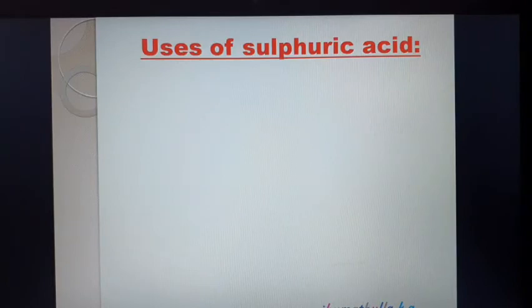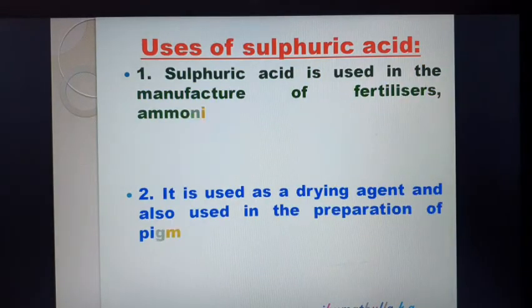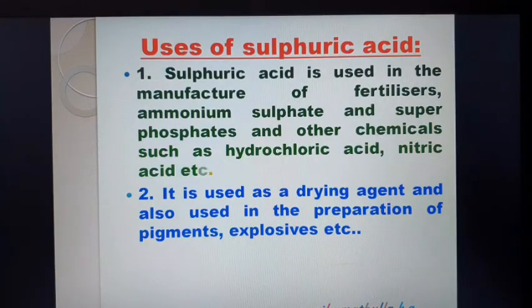First, sulfuric acid is used in the manufacture of fertilizers, ammonium sulfate (NH4)2SO4 and superphosphate, containing a high percentage of phosphorus, and other chemicals such as hydrochloric acid, nitric acid, etc. These are all inorganic acids that can be prepared from H2SO4, sulfuric acid.